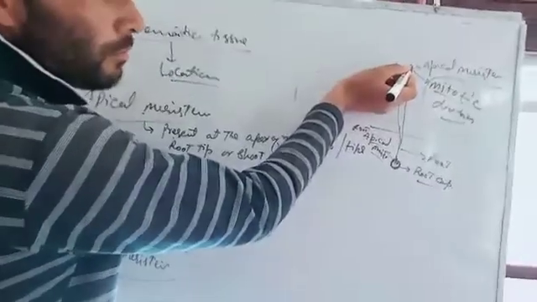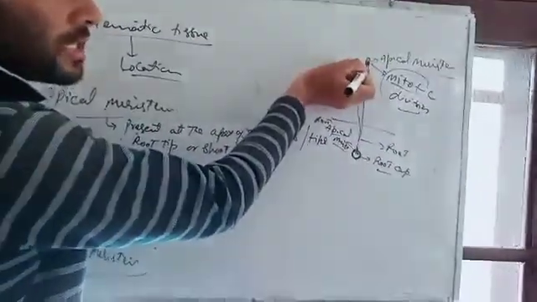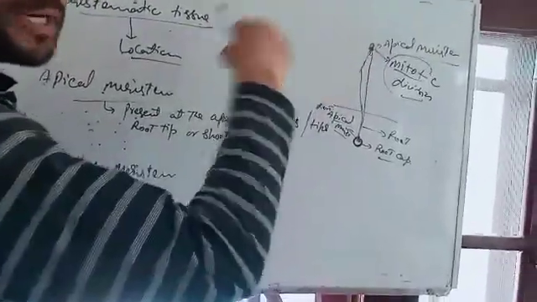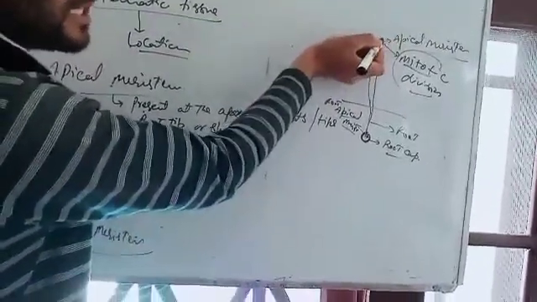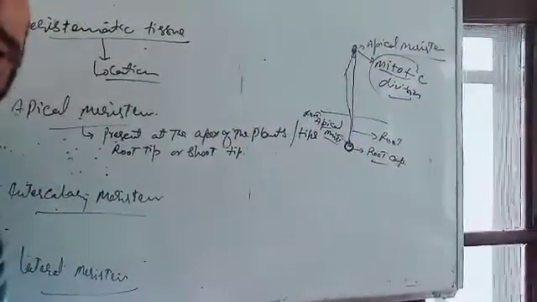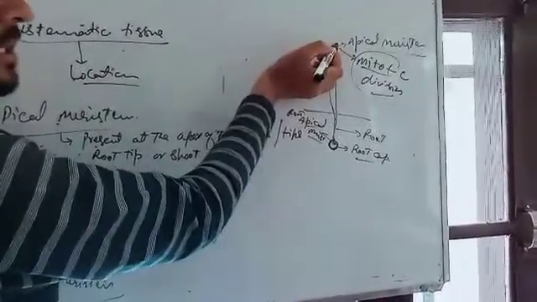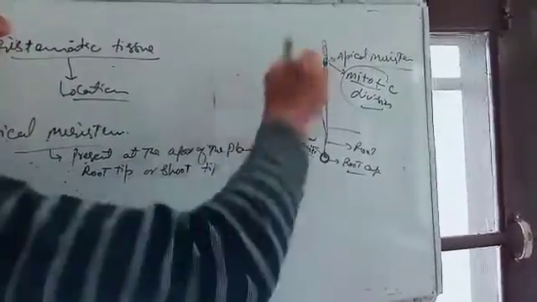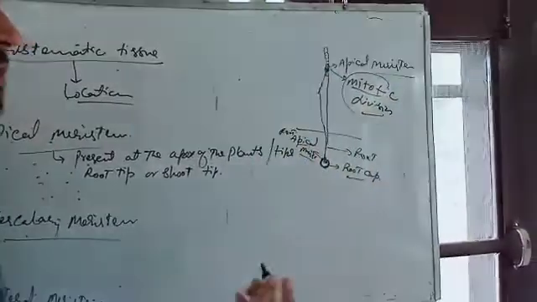The cell which is below is converted into a permanent cell, and the cell which is present at the tip retains the meristematic activity. That means these cells get like this, and the growth occurs in the plant.